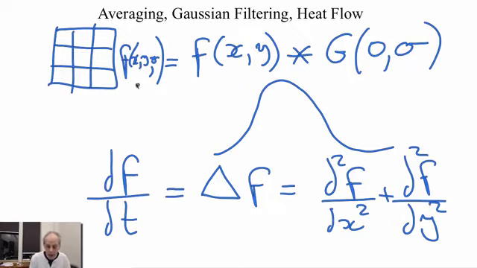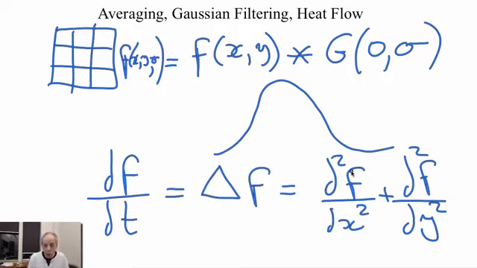So once again, the result of doing this local averaging with the Gaussian filtering is equivalent to taking the image, thinking of the pixel values, the gray values, as heat, and letting it run according to the heat flow, which is this. Those are equivalent operations.